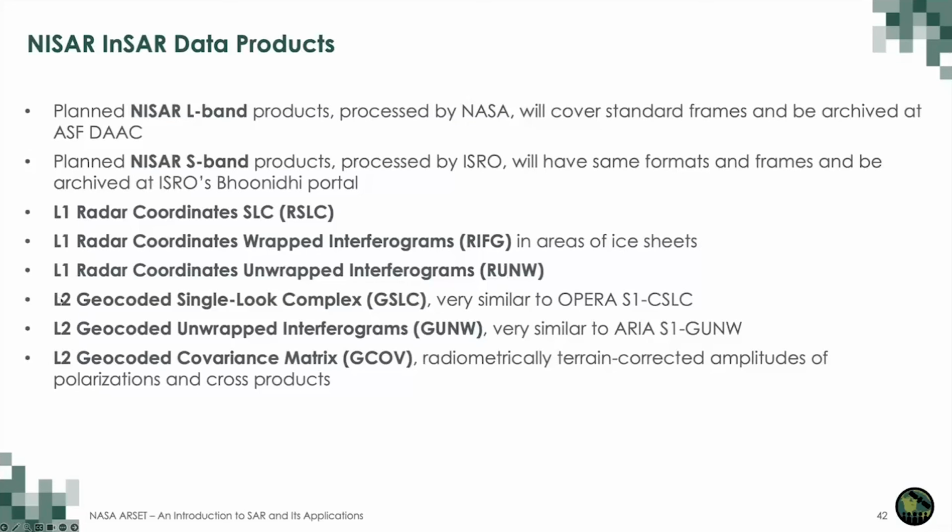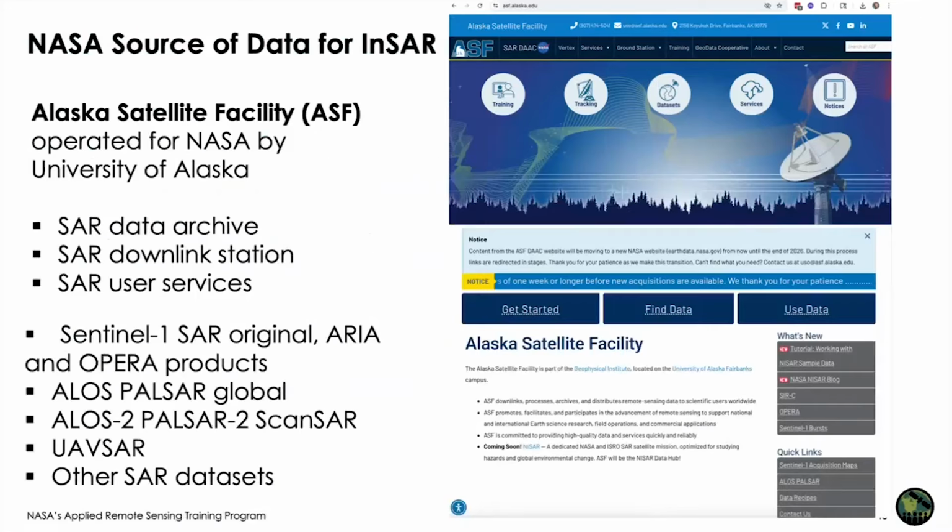There's going to be a geocoded SLC product, which is very similar to the OPERA co-registered SLC product, and geocoded unwrapped interferograms, which are, as I mentioned earlier, similar to the ARIA Sentinel-1 GUNW products. And then there's going to be a geocoded covariance matrix for the amplitude images with terrain correction and the covariance between the different polarizations. I won't be talking about that anymore, but that's one of the data products that's available.